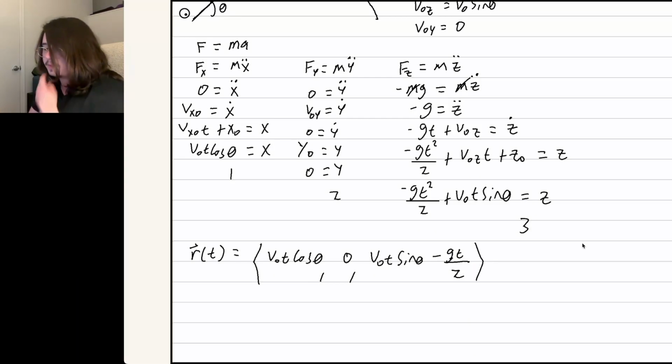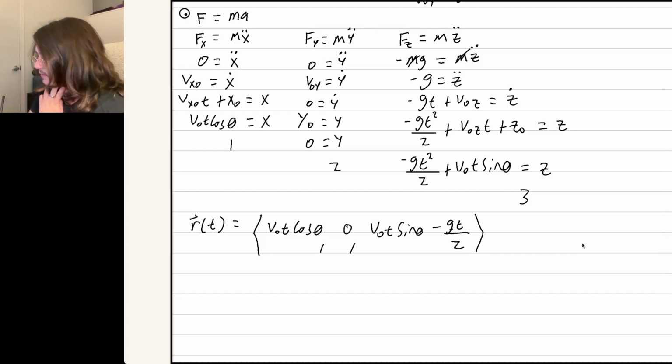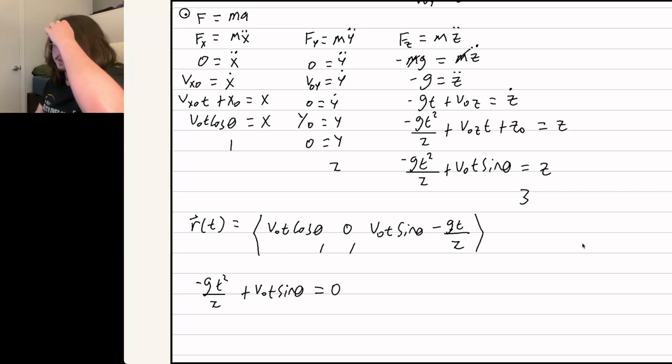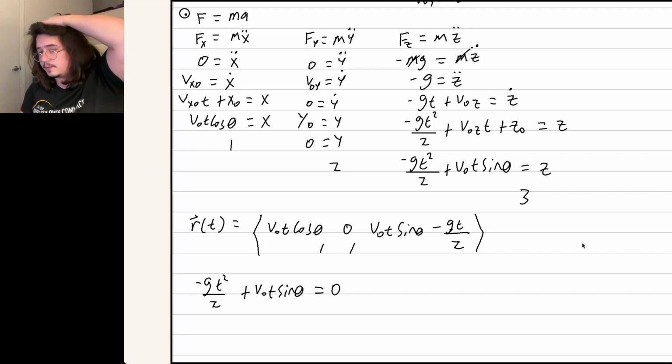All right. To find how much time it takes for the ball to hit the ground again, you just set z equal to 0 in the third equation of motion, so it's minus gt squared over 2 plus v naught t sine theta is equal to 0. Notice that this has a trivial solution at t equals 0, which makes sense since the ball is starting on the ground.